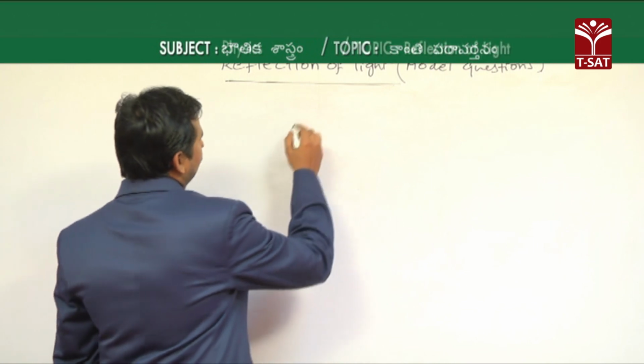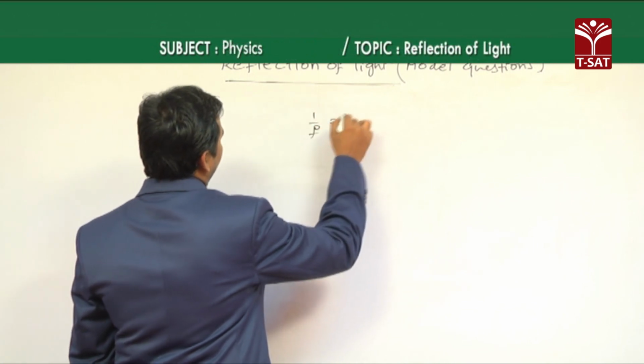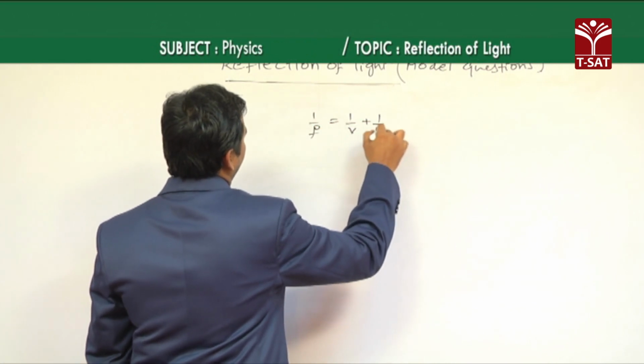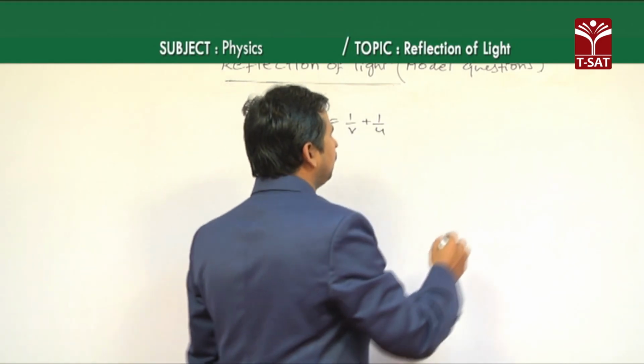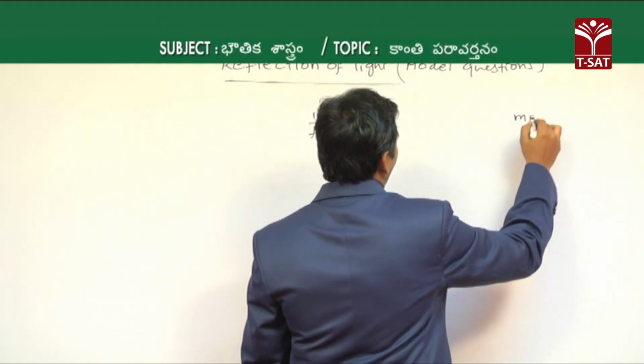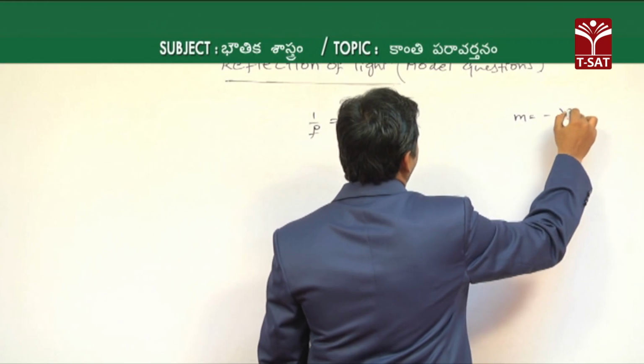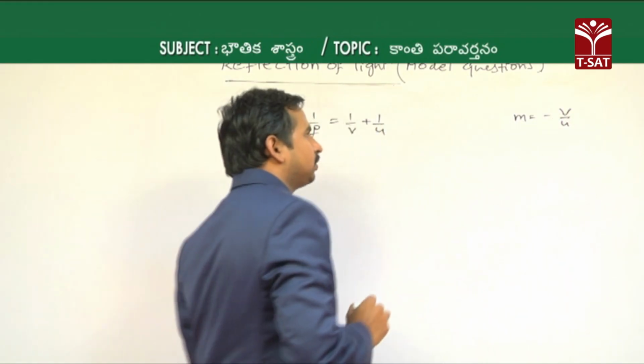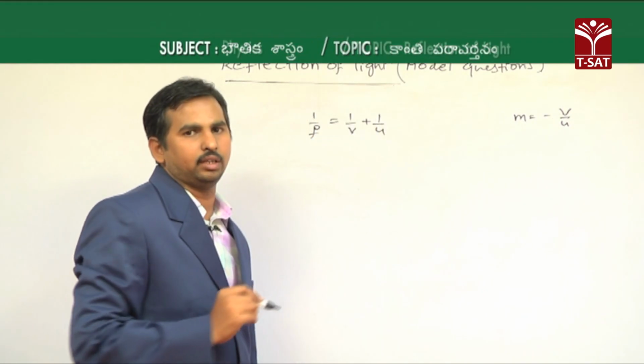We know that 1 by f is equal to 1 by v plus 1 by u, and the magnification m, for a concave mirror where we get inverted images, is minus v by u.